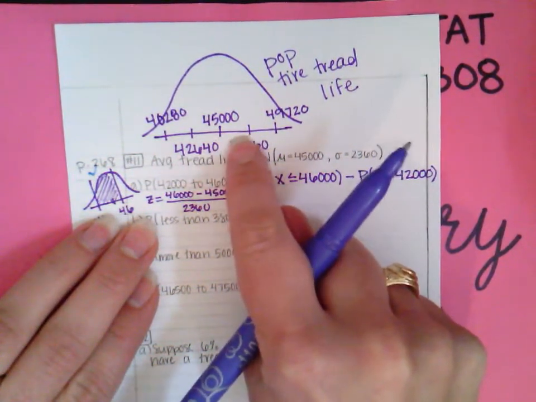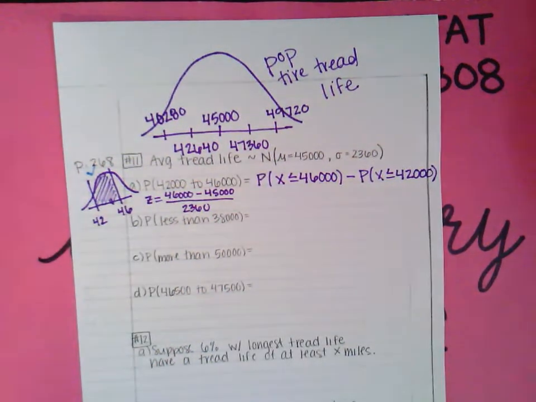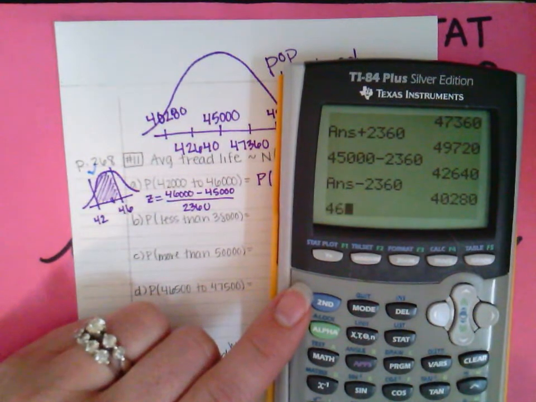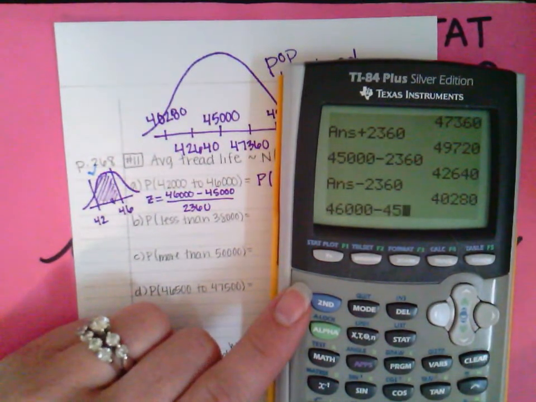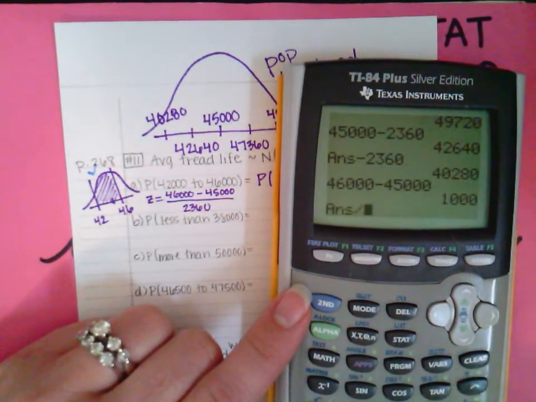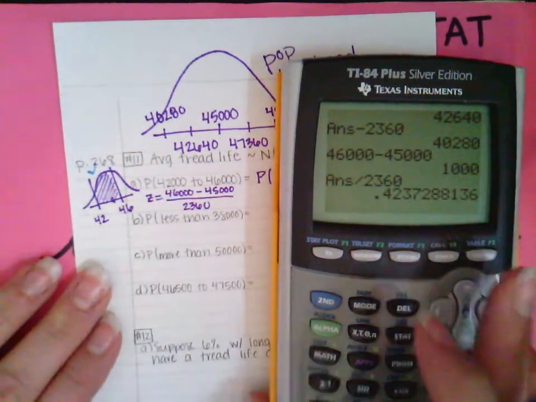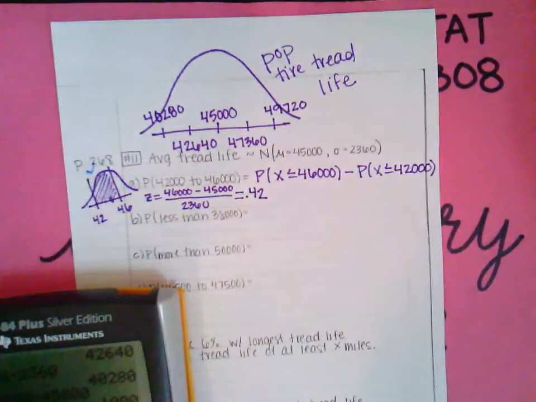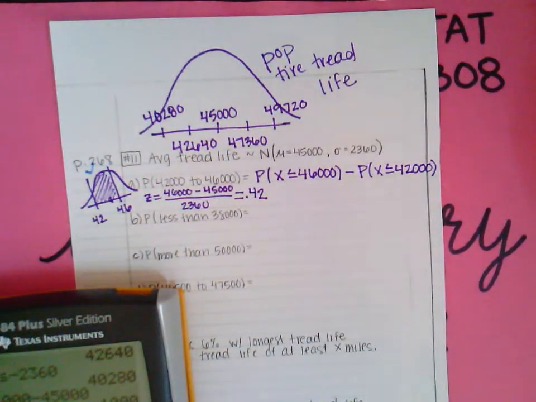So my z-score should be a number between 0 and 1. And so let's do that. 46,000 minus 45,000, and then divide that here, and I get 0.42. And z-scores, 2 decimal places make total sense, okay?